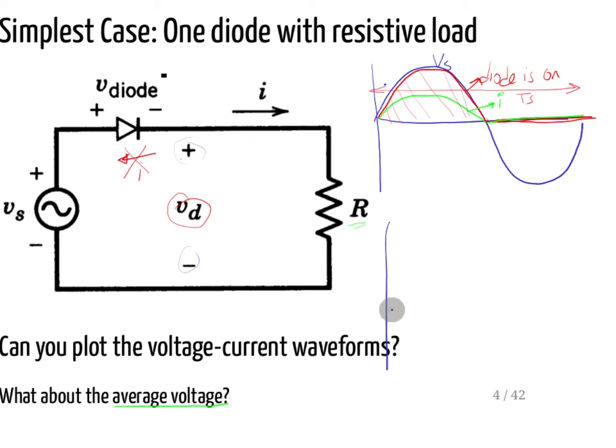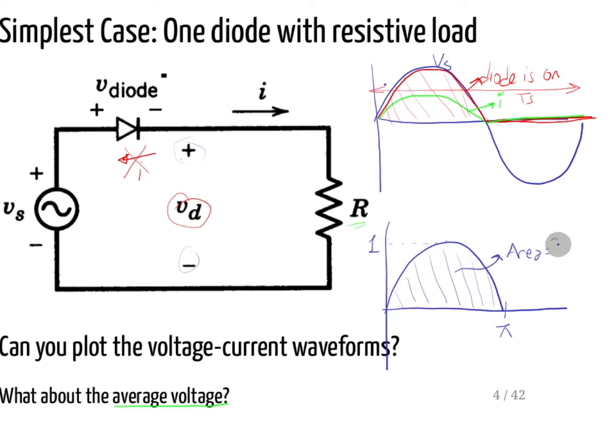Let's say you have a sinusoidal waveform like that, and I want to estimate the area of a half sinusoid like that, and if the magnitude is 1, what is that area? I want you to calculate it yourself.